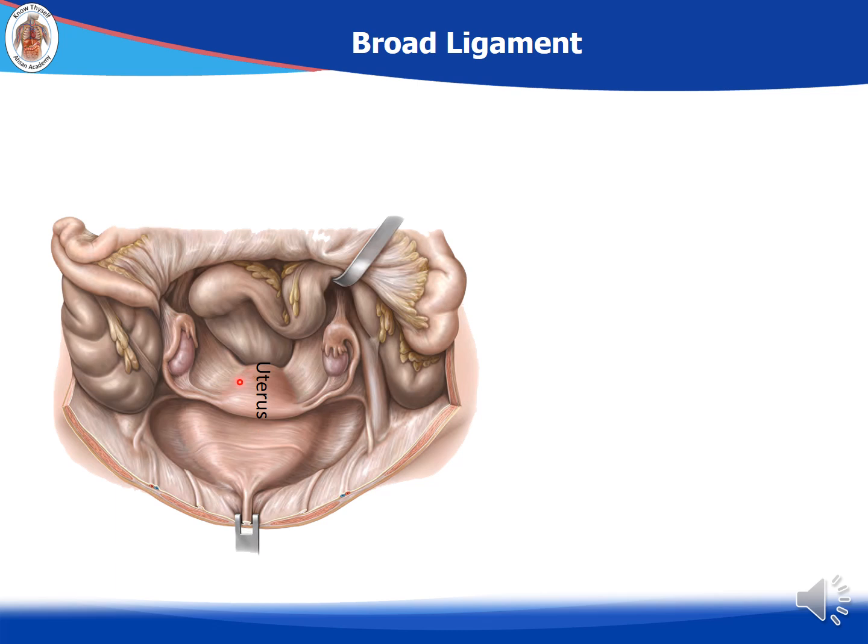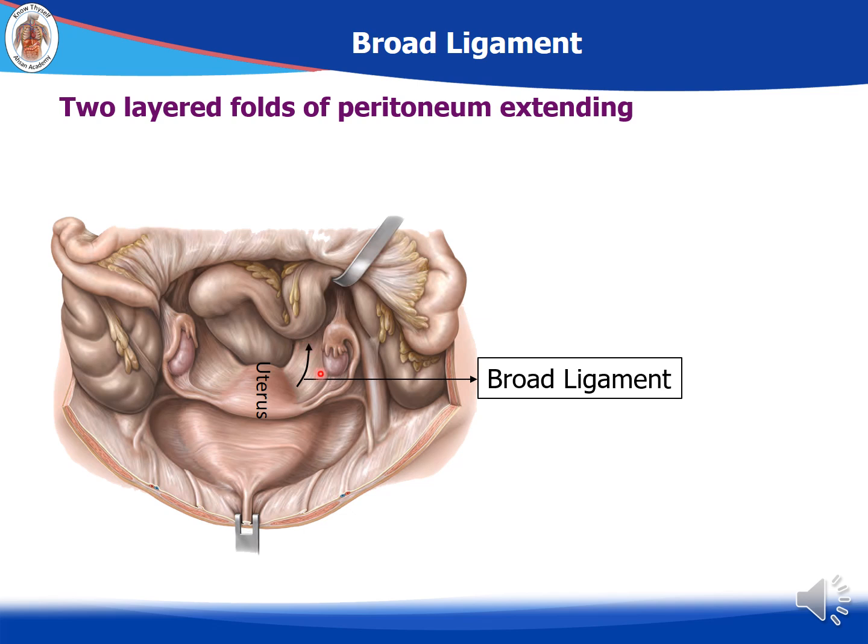And on either side, you see the fold extends from the lateral part of the uterus to the lateral wall. This is the broad ligament. So this is the peritoneal fold that connects the lateral part of the uterus to the pelvic wall. These are two-layer peritoneal folds that connect the uterus on either side.